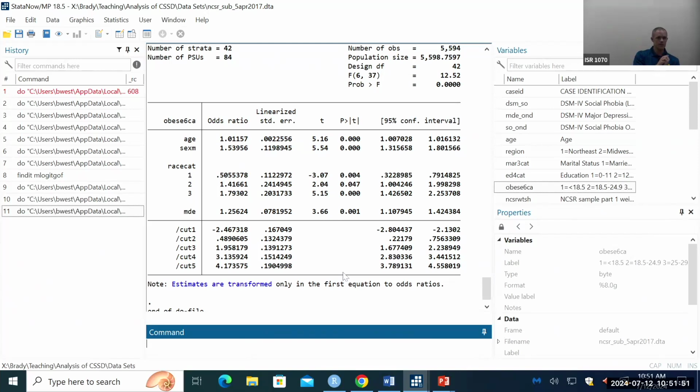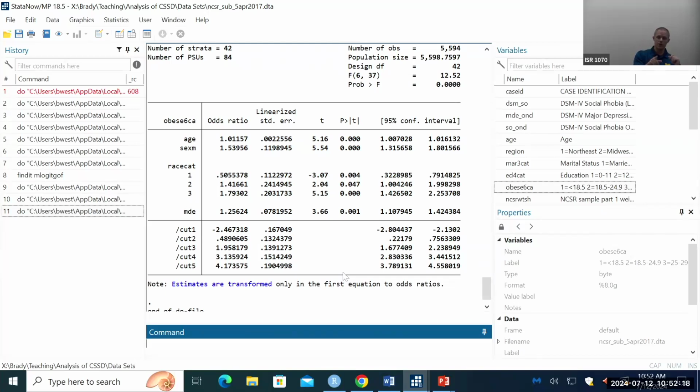How would we say this? The odds of the dependent variable being what? Remember though, we're just talking about higher or lower values for ordinal regression. Okay.